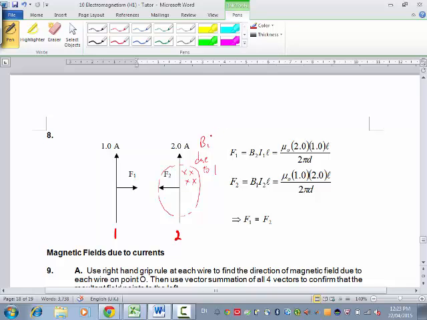B1 is given as mu naught I1 over 2 pi a. That's B1. And then here is the magnetic field due to wire 2.